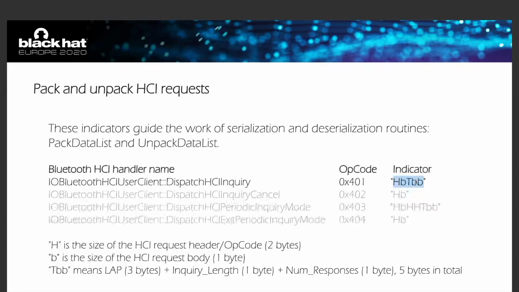H means 2 bytes and B means 1 byte. They represent the opcode and body size of the HCI request. TBB corresponds to LAP, inquiry length and number of responses in the manual. So we can easily deduce that T means 3 bytes.